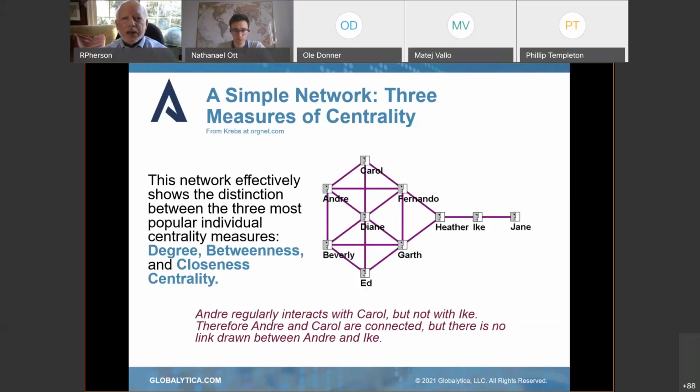But there's no connection for Jane; she's out there on her own. Maybe that's because she's directing the network, or is she someone who's just a supplier or a supporter? So you'd ask yourself, what is the connection, and why is she not connected with anybody else? When you take a look at Diane, obviously she's at ground central. She may be the most connected, but that's what we're going to talk about next.